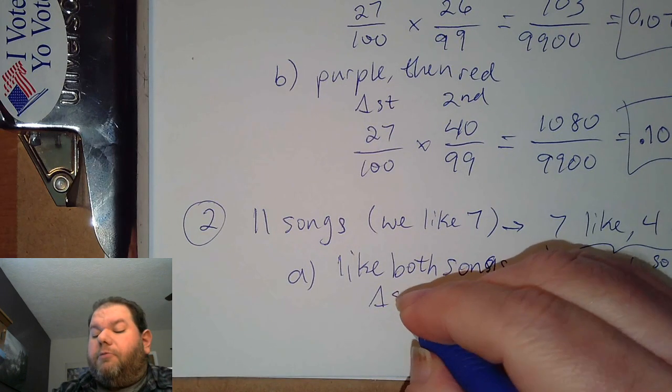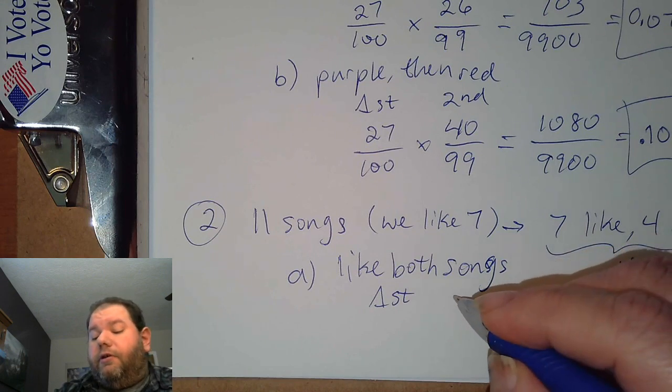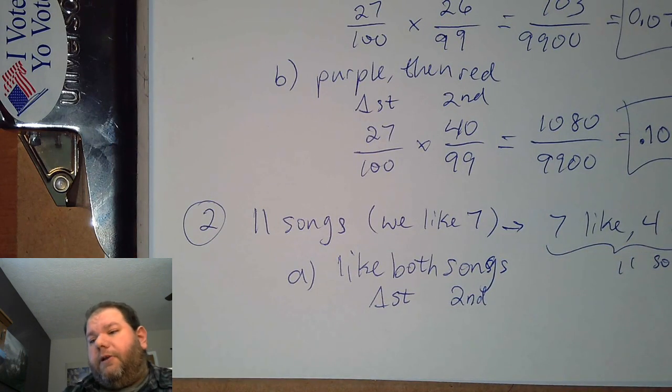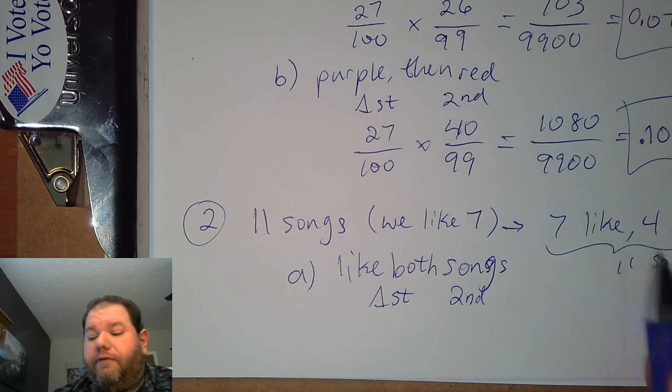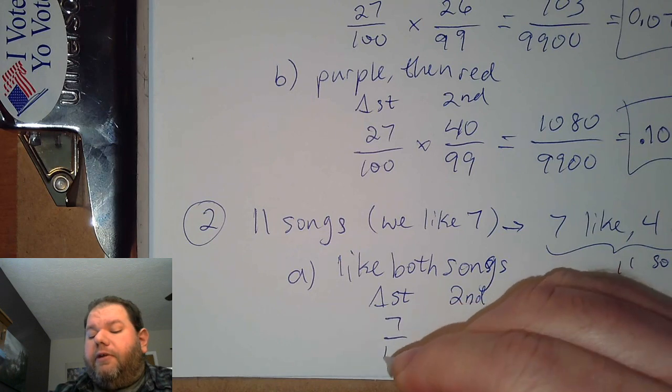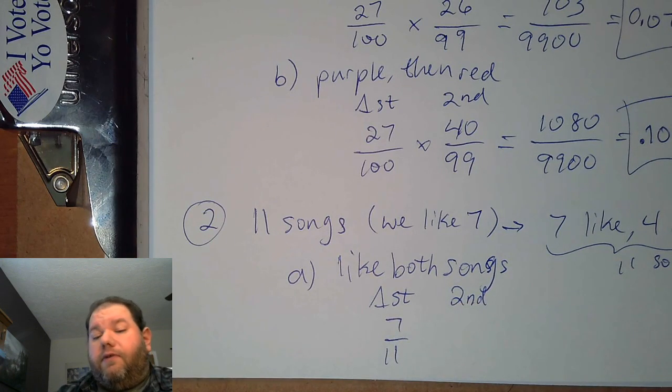We look at the probability that we like the first song, and then the probability that we like the second song, and then we'll multiply them together. So for the first one, we know there's 7 songs that we like out of the 11 songs total, and so there's a 7 out of 11 chance that we like the first song.